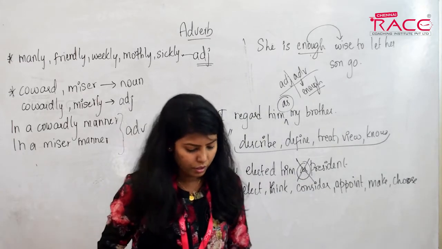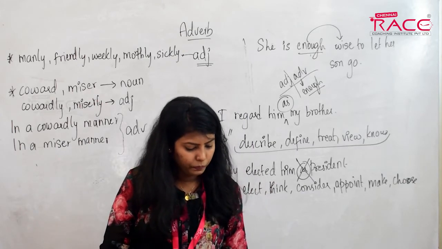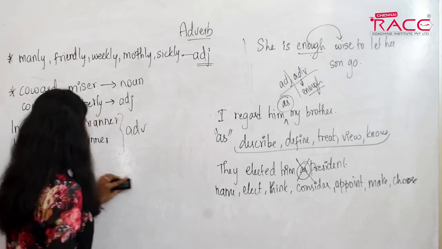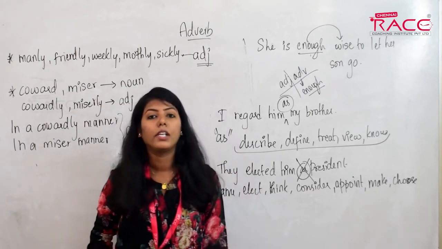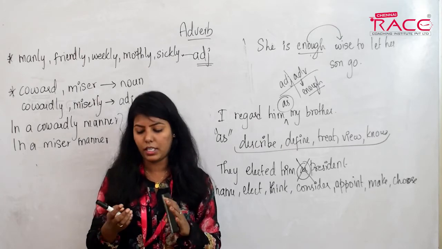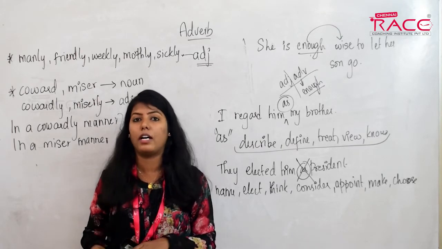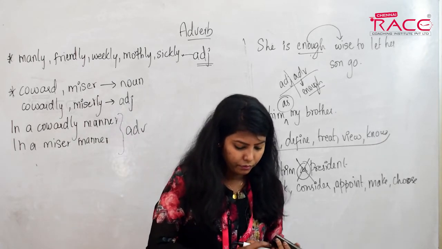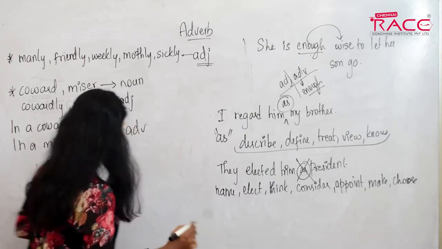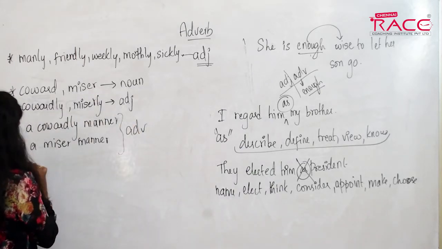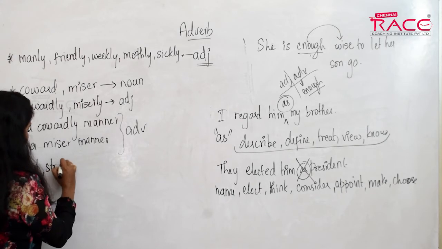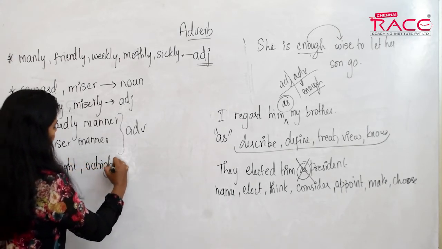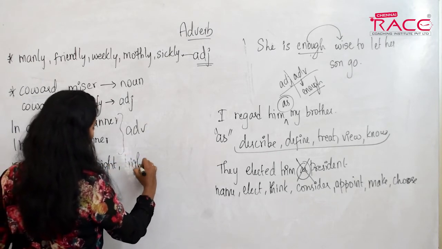And one more thing I have to tell you. There are a few words which don't have any other form, meaning the same form is used for adjective as well as for adverb. For example, when I say fast, straight, outright, high, safe.